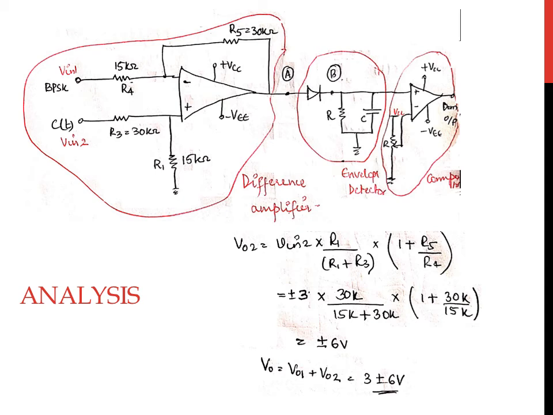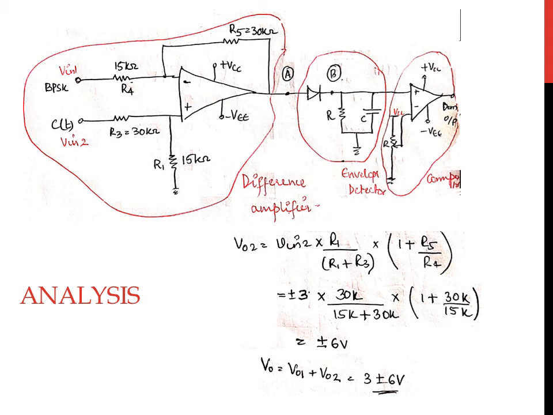Next, we apply this voltage Vout, which is the voltage obtained at point A, to the envelope detector in order to obtain the positive pulses as well as the waveform after the charging and the discharging of the capacitor, which will then be given as an input to the non-inverting comparator.